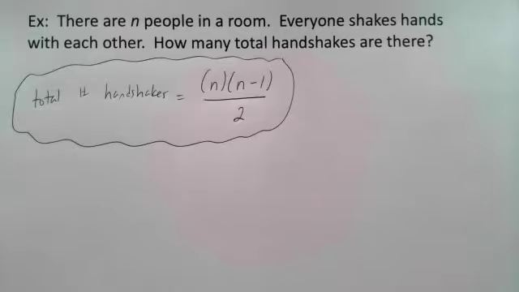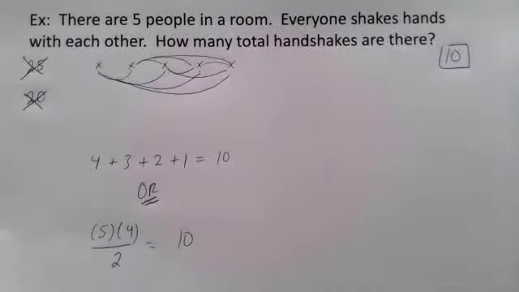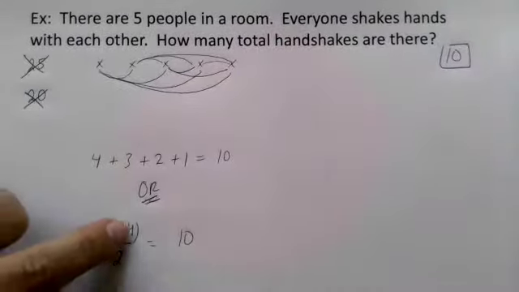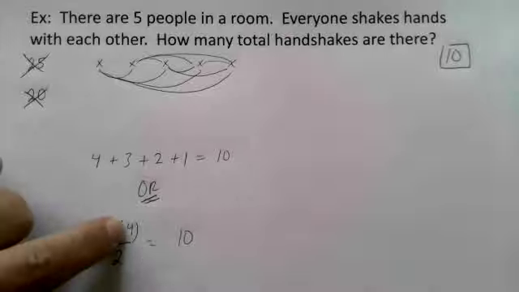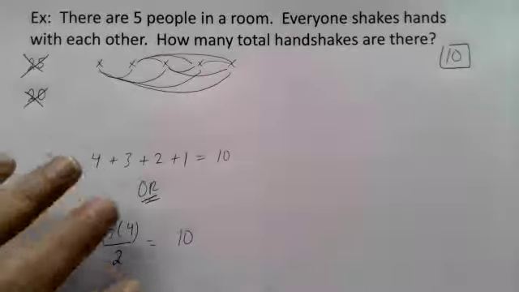Having a formula is really cool because now I can answer it for any number. I could do it quickly for 100 people in a room, or 200 people, or 1,000,000 people in the room, because we figured out a pattern. We figured out a formula by looking at patterns. We were able to do it for 5, and we saw it was the number of people in the room times 1 less divided by 2.